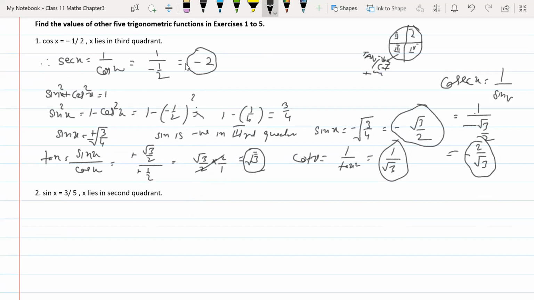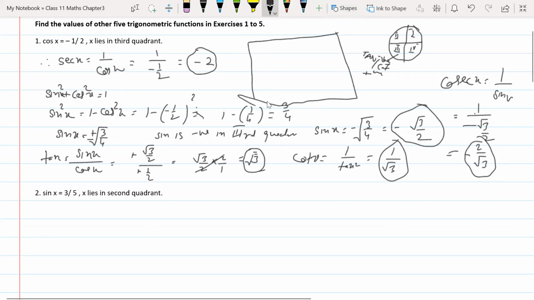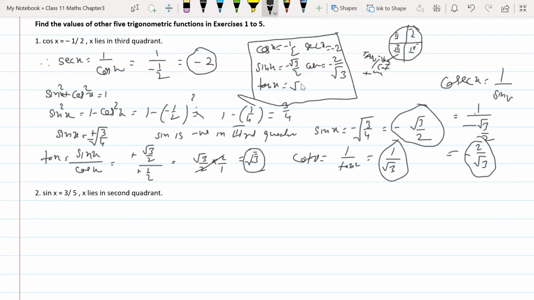Cos x is minus 1 by 2, secant x is minus 2, sin x is minus root 3 by 2, cosecant is minus 2 by root 3, tangent x is root 3 and cotangent x is plus 1 by root 3.